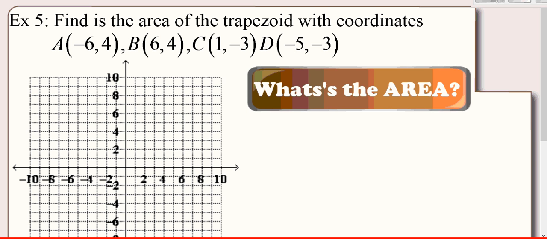So if we plot these points, we get this trapezoid here. So we can see our two bases, AB and DC, are parallel. They're both flat, parallel with the x-axis.